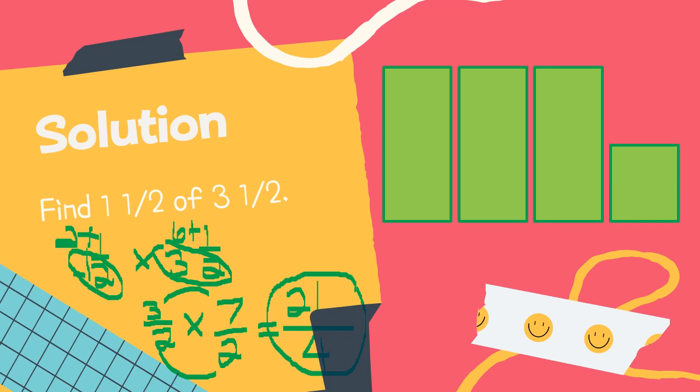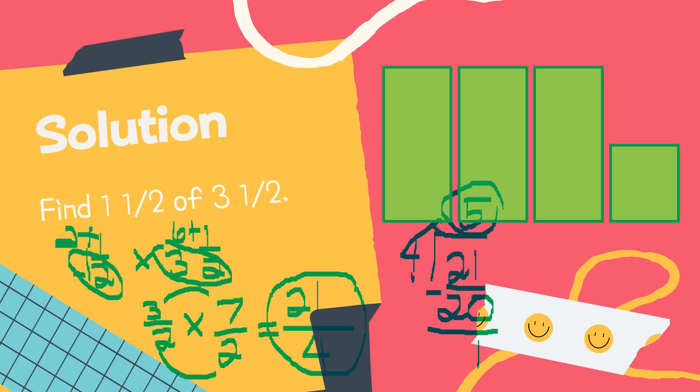Let's see. 21 divided by 4. How many 4 are there in 21? 5. Very good. 5 times 4, that is 20. 21 minus 20, that is 1. Listen very carefully. 5 will be our whole number.